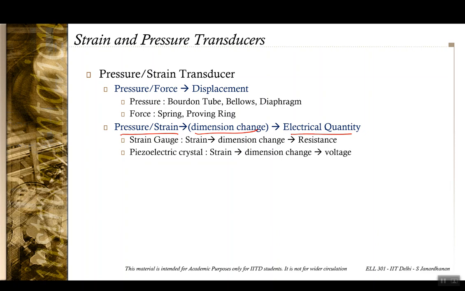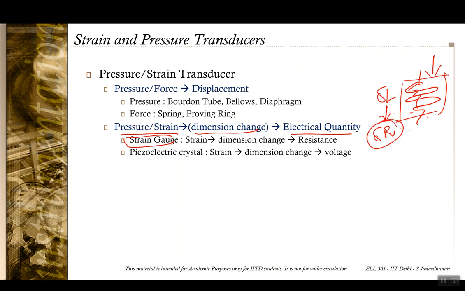For example, a strain gauge: you have a wire, and by application of pressure the dimension of this wire changes, which causes a change in the resistance of the wire, and this resistance change is measured by an electrical circuitry.